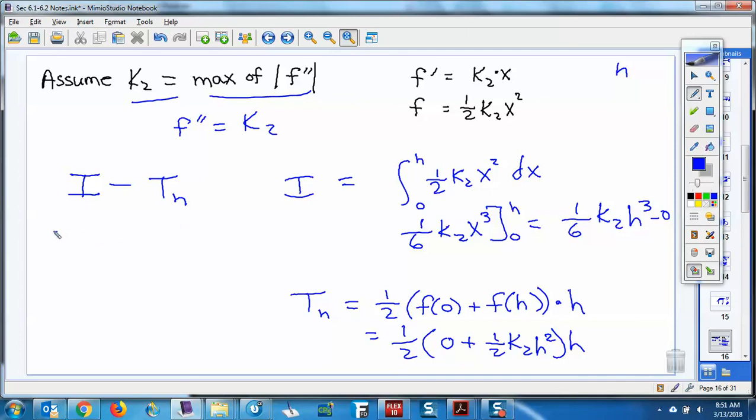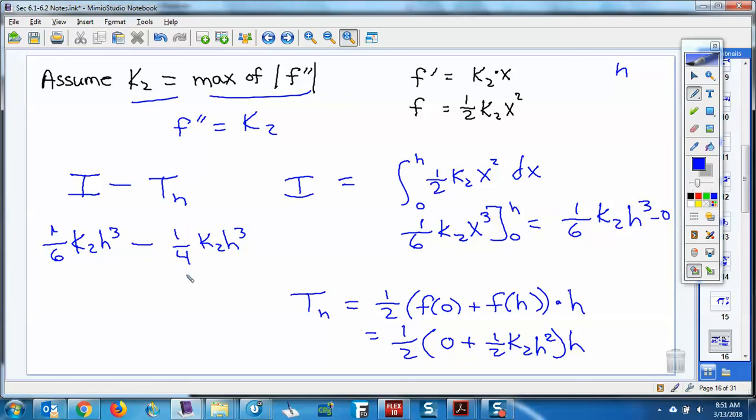So what do I got? My integral here is 1/6 K2h cubed, and my trapezoid is what? What would that be? 1/4 K2 h cubed. Oh, nice. They're going to be like terms, right? And so what is this? 2/12 minus 3/12.